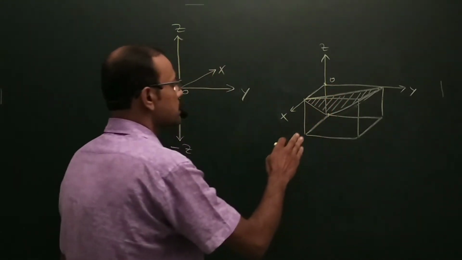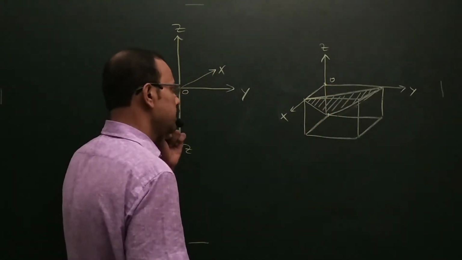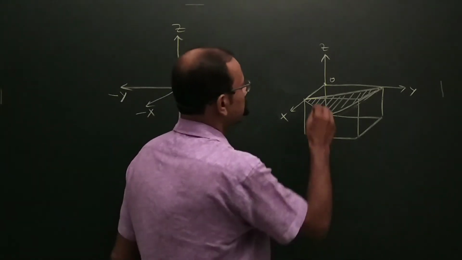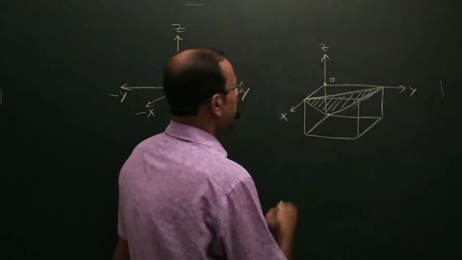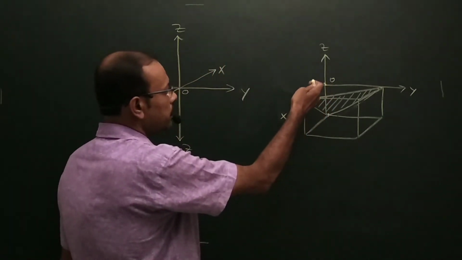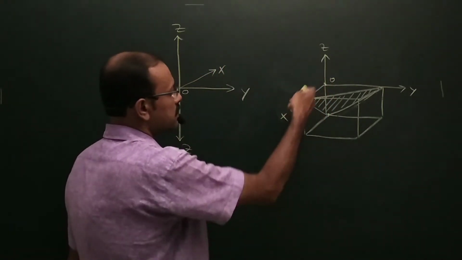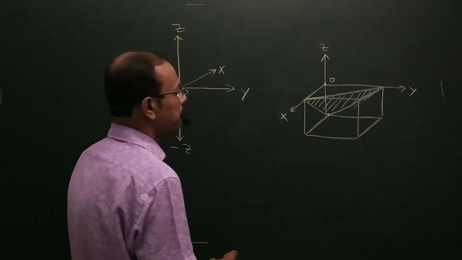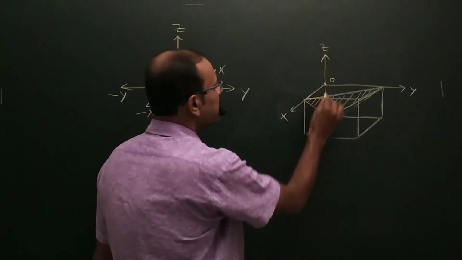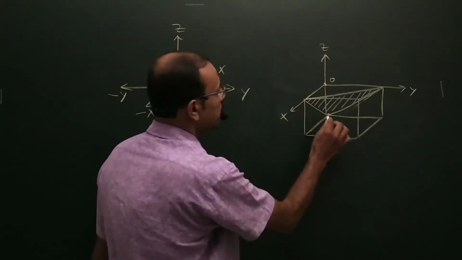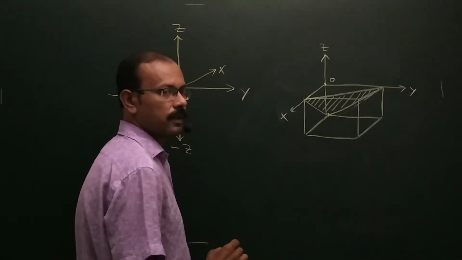It is obvious, or it is very evident. You can see that the plane intersects the y-axis at unit distance. It also intersects the x-axis at unit distance, but it intersects the z-axis in the negative direction, that is -1 unit distance.